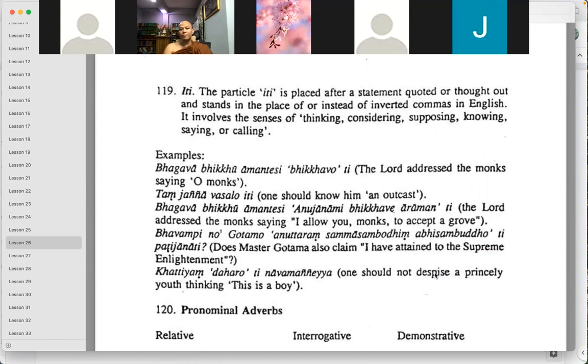Let's say the first: Bhagava bhikkhu amantesi bhikkhavoti. How do I know that bhikkhavo is the word said by the Lord? Why does it not start with bhikkhu amantesi bhikkhavo? Bante, do you get me?